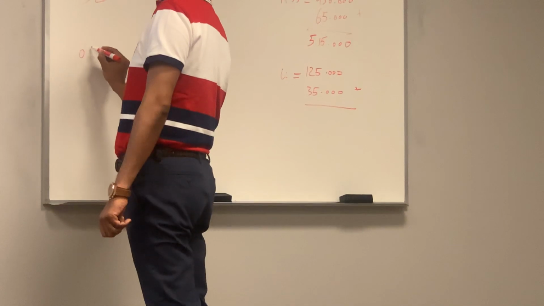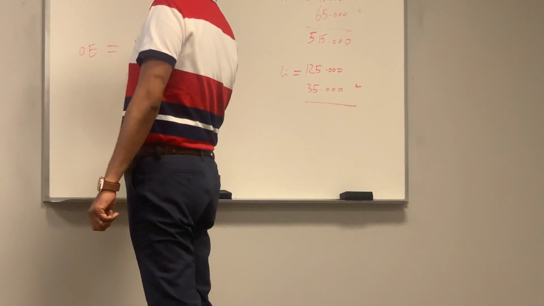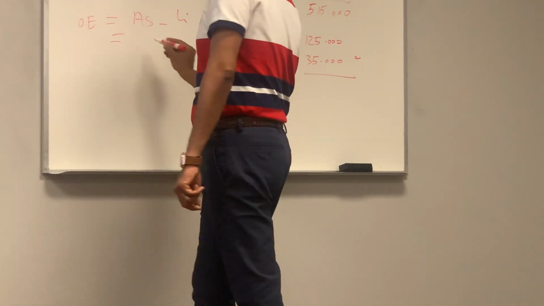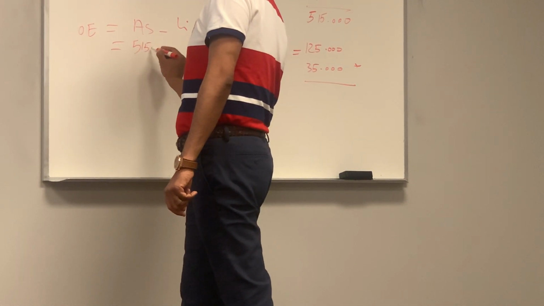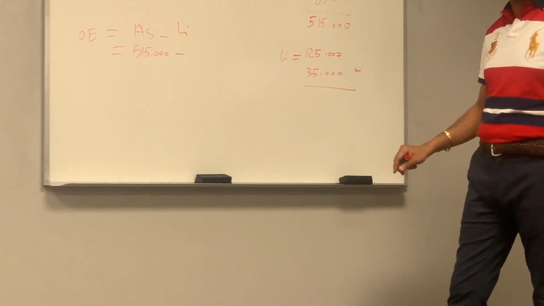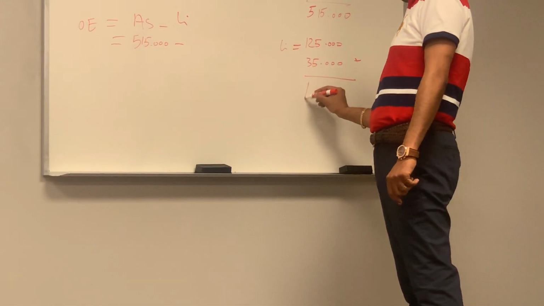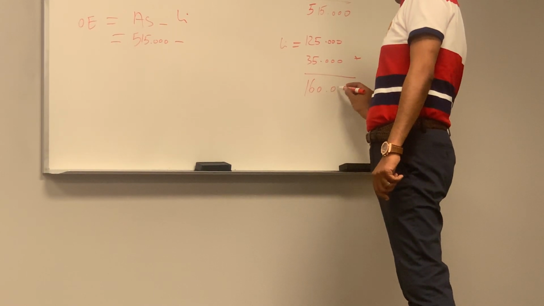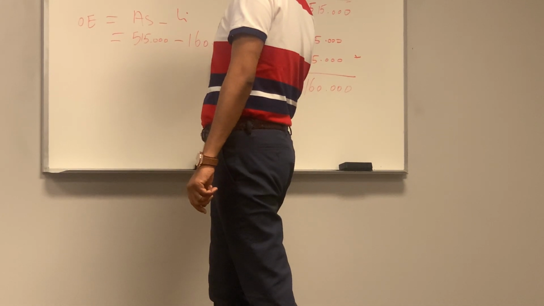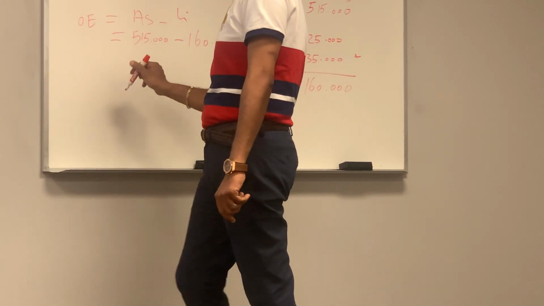So here owner equity is assets minus liabilities: assets $515,000 minus liabilities. How much are the liabilities here? $160,000. So minus $160,000 equals how much?